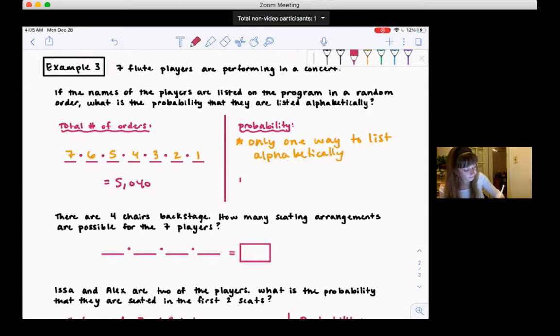So our probability is going to be one way out of 5,040 total ways, which is really small. So I'm going to leave it as 1 over 5,040.